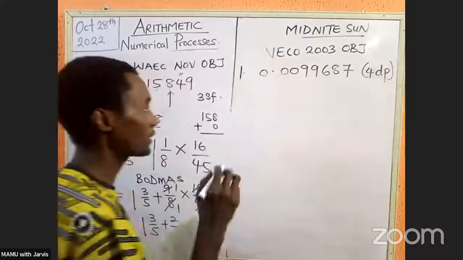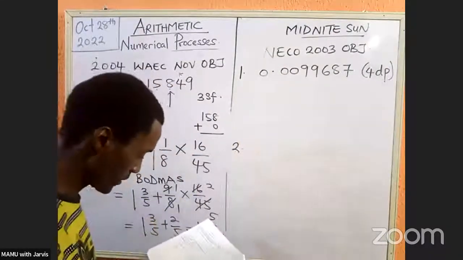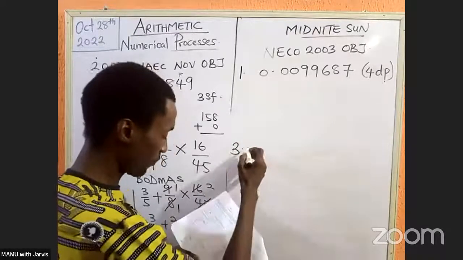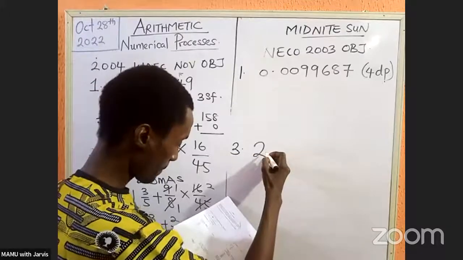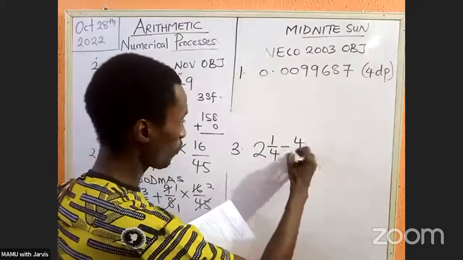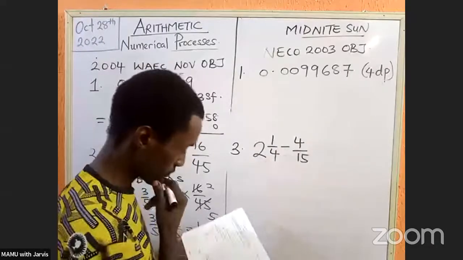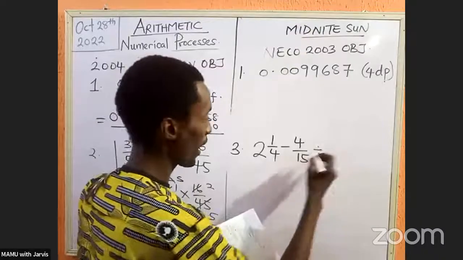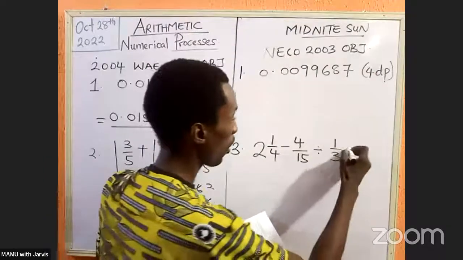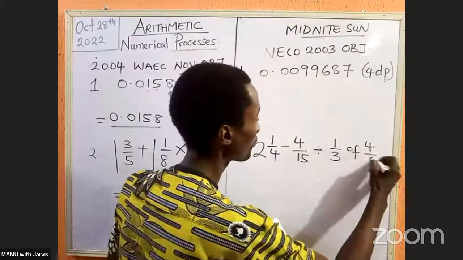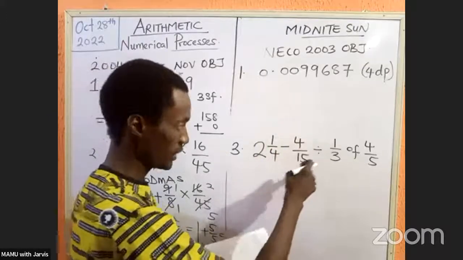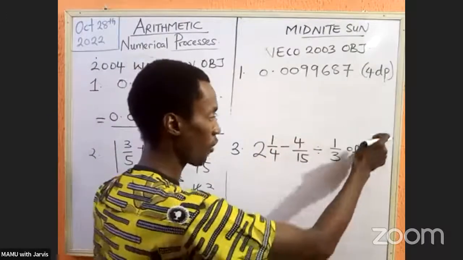That's question number 1. Question number 3 on that here says, simplify 2 whole number 1/4 minus 4/15 divided by, we saw the question like this before, 1/3 of 4/5. 2 whole number 1/4 minus 4/15 divided by 1/3 of 4/5.